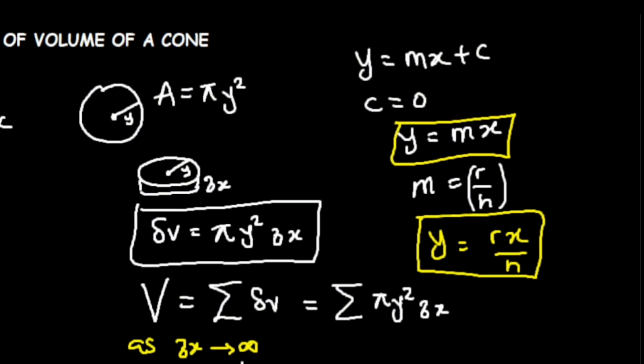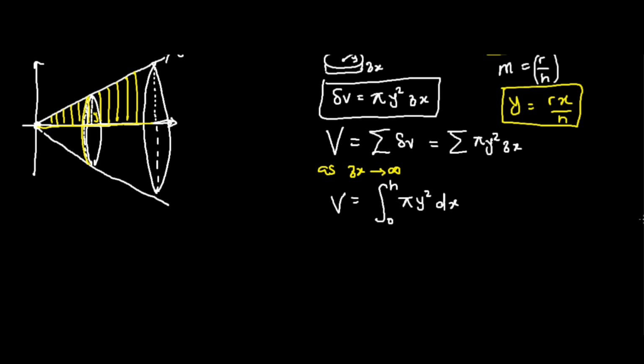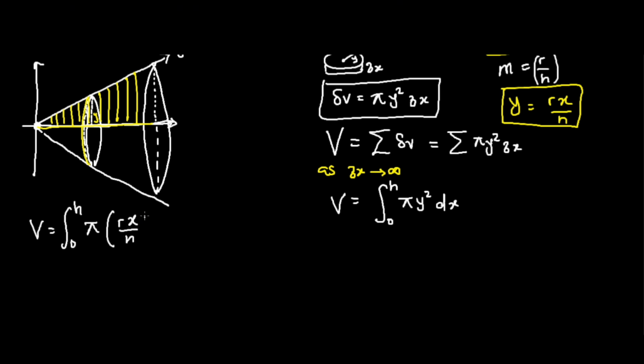So let's put all of this together, then we can see what exactly we are trying to achieve. Now that we know V is equal to the integral from 0 to h of pi, and y is rx over h, to the power of 2 dx, this is exactly the integral from 0 to h of pi r squared x squared over h squared dx.